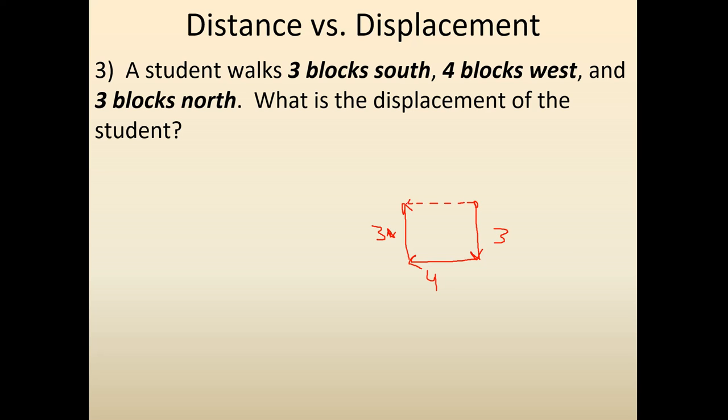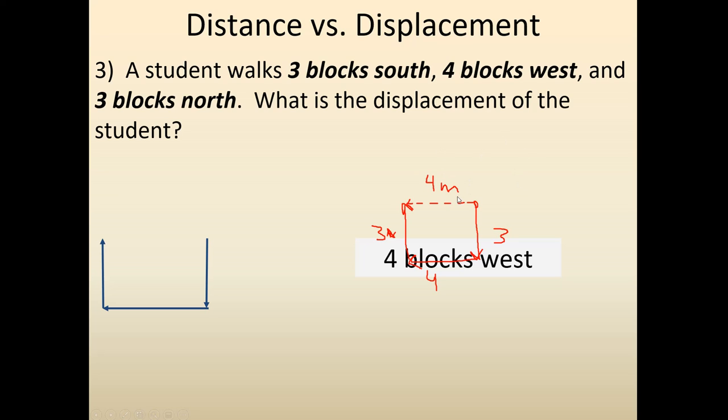I made my arrow dotted to kind of differentiate it from these other ones. So going from here to here, again, the 3 down and 3 up kind of cancel out. So I already know, because this is a rectangle, that this would be 4 meters. So my answer, oh, I already had it drawn, is 4 blocks west.